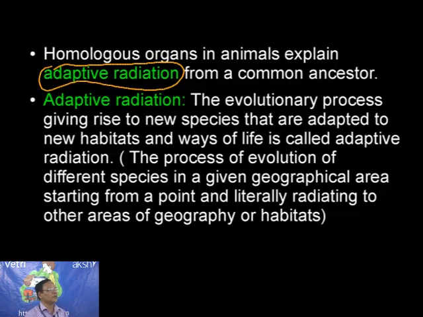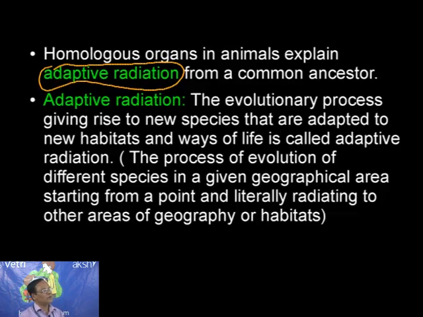It is an evolutionary process which gives rise to a new species, adapted to various habitats, either environmental habitats of water or land or even trees. So we have a process of evolution operating that gives rise to a new species adapted to different habitats and modes of life. That is called adaptive radiation.